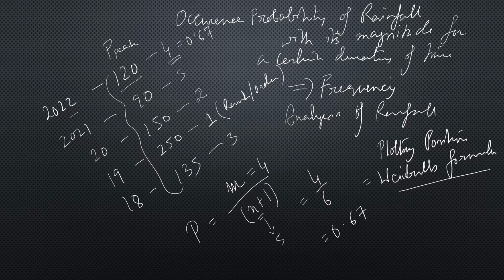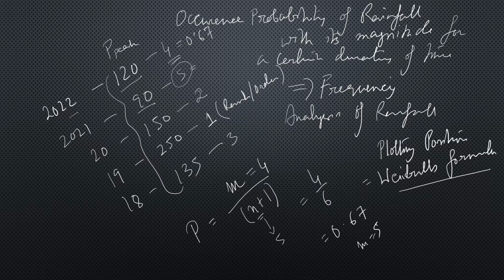Now you have to calculate the probability of the next rainfall, this 90 centimeter, which is the peak rainfall of 2021 of a certain catchment. So the order is 5. So M is 5 here.